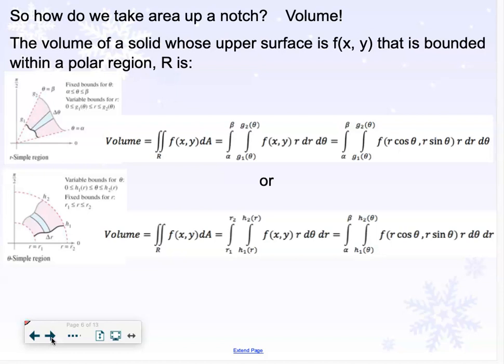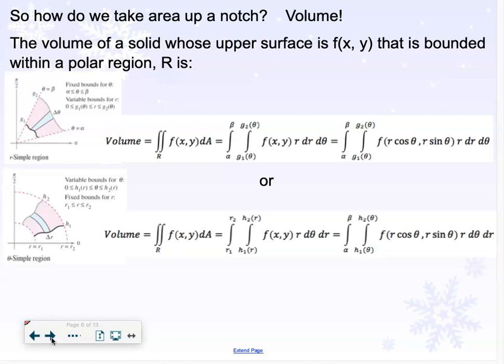There's two different ways these problems could be presented. You could either have some region that's bounded between two values of theta, and it's the r stuff that's changing. You have r equals some boundary and then r equals some other boundary. If that's the case, then you want your theta to be on the outside because those would be constants.